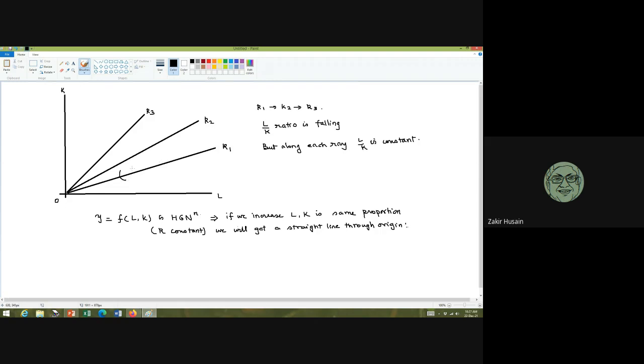So over here, the slope of the isoquants along the ray is constant. This is the important part.